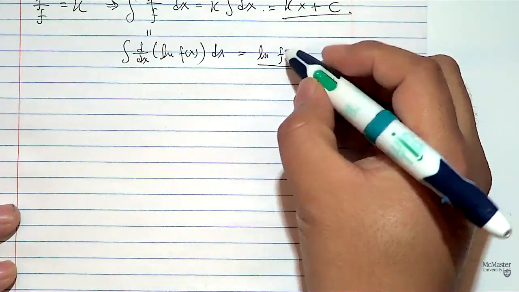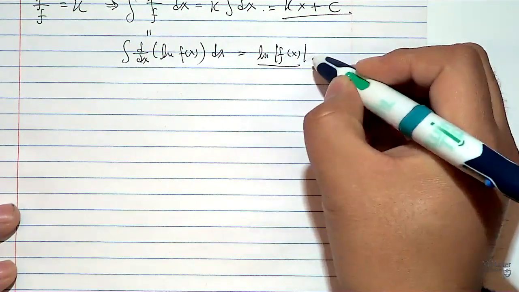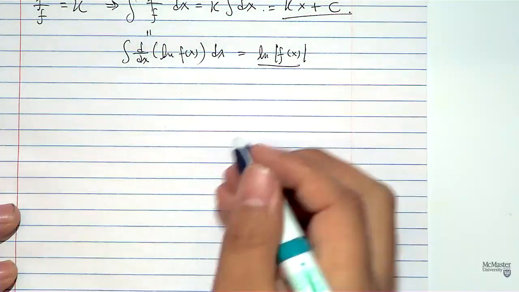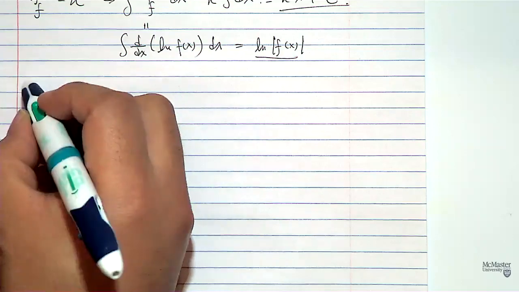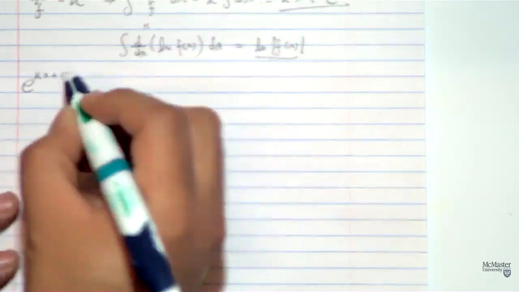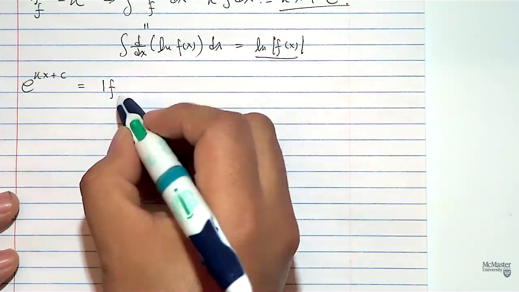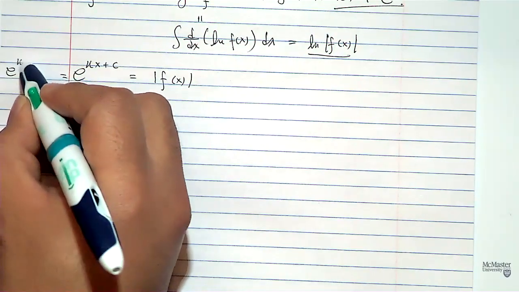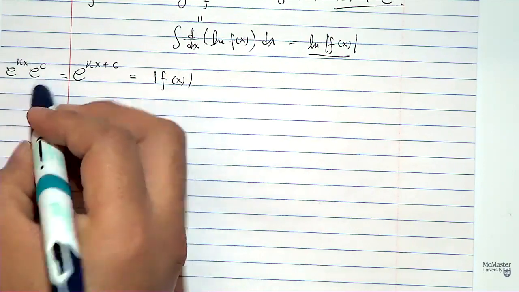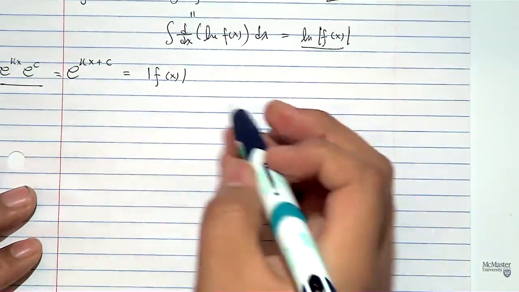In fact, if you want me to be super formal, I could put the absolute value. Let's say that I take the exponential, so e to the kx plus c is equal to the absolute value of f of x. Notice that this is equal to e to the kx times e to the c, where both of these are positive.